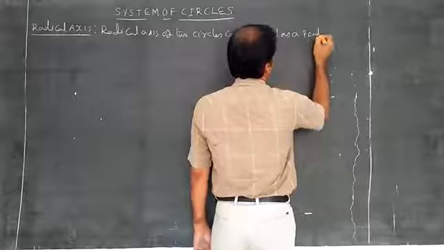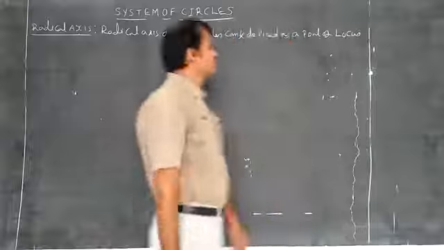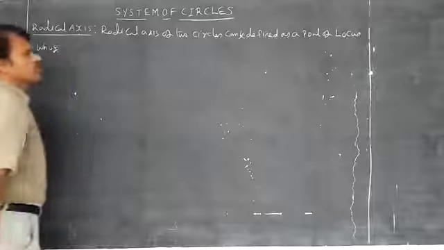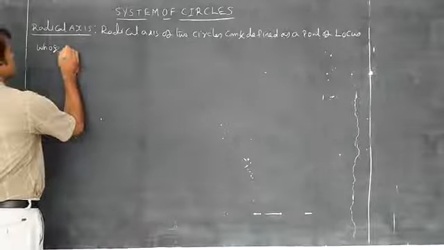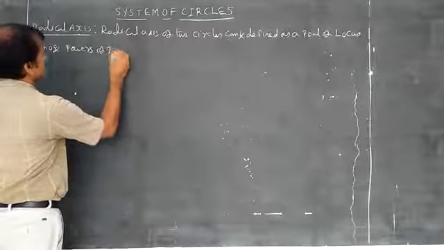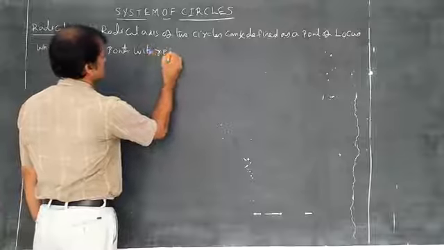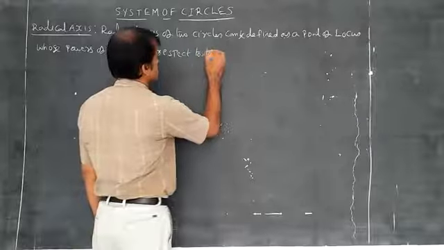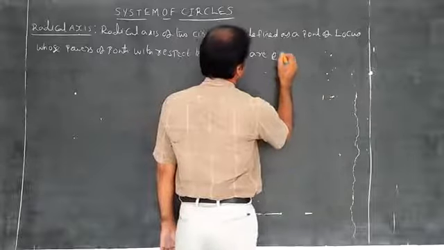the locus of a set of points whose powers of points with respect to two circles are equal.